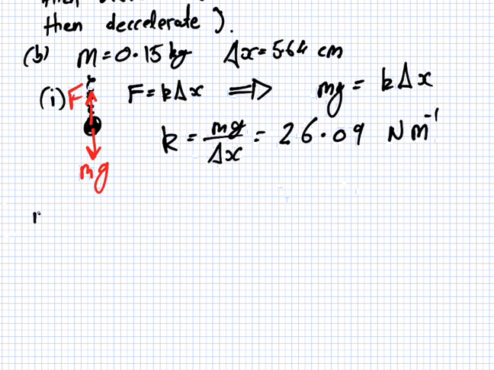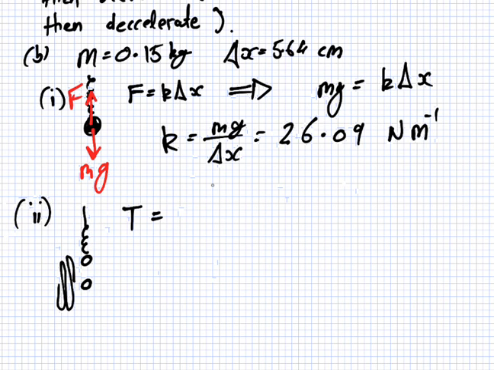Part 2. The mass is then pulled down a distance and then starts to oscillate. What's the time? Well, in fact, the formula for the time is in the formula book. I think it's 2 pi root k over m, isn't it? Actually, I always mix it up. 2 pi root m over k, you sure?